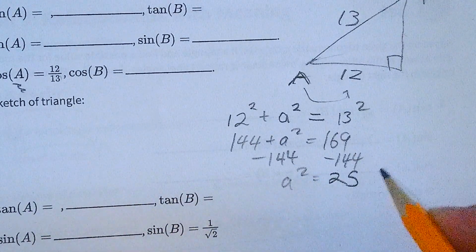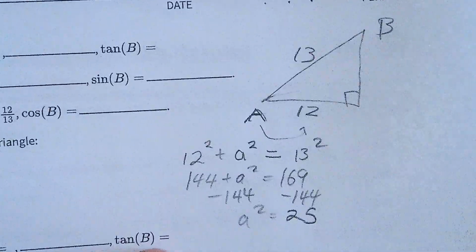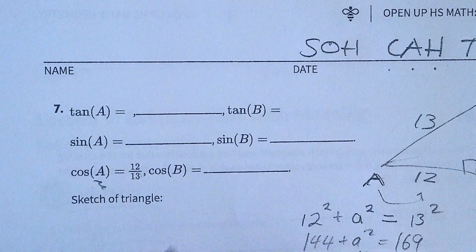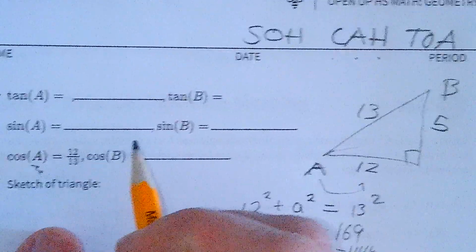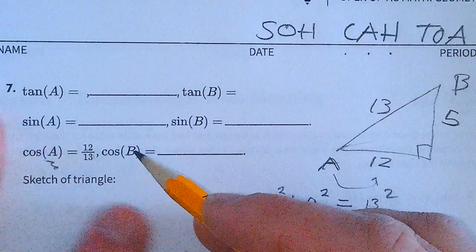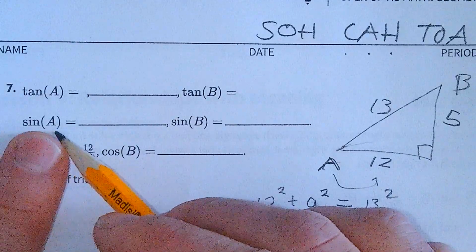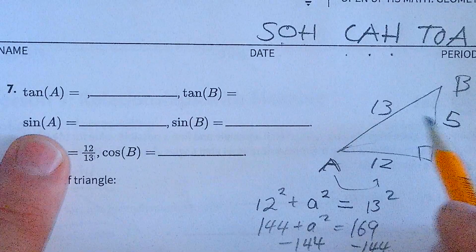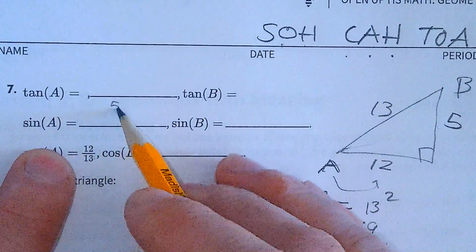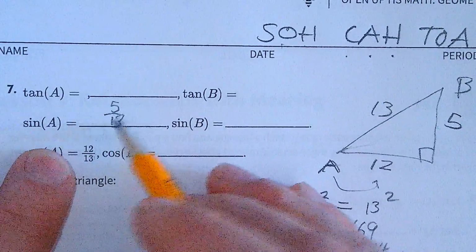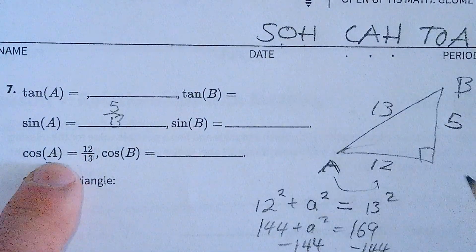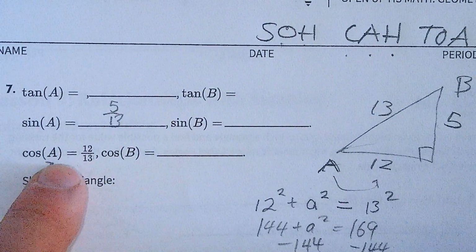Hey, I know what the square root of 25 is. It's 5. But now we can fill in the rest of the ratios. Because sine of A is opposite of A over hypotenuse, 5/13. And so on. So isn't it cool? From one trig ratio, you can then label your sketch, use Pythagoras, get the third side, and then you know all the ratios.